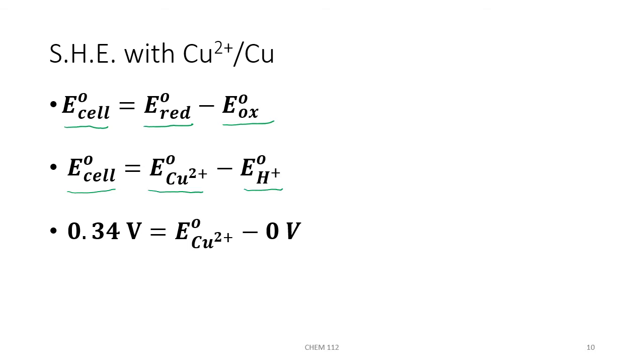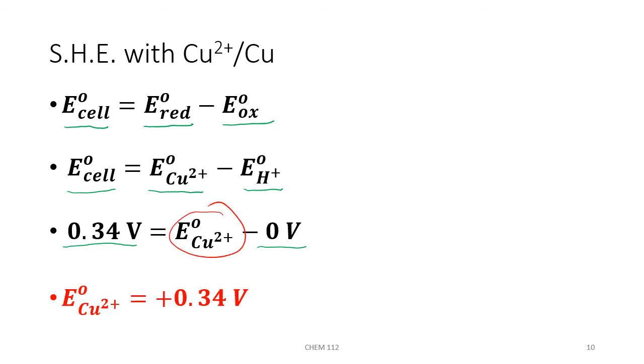We read from our voltmeter 0.34 volts for the standard cell potential. We know that our standard hydrogen electrode is 0 volts, it's assigned that. So we can get at the standard reduction potential for our copper, and if we solve for that, it just ends up being the same as the E cell. So our standard reduction potential for copper is going to be a positive 0.34 volts.